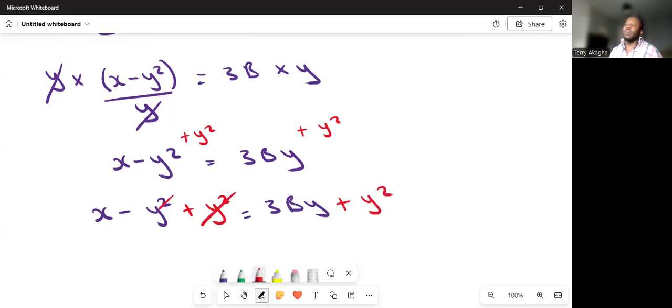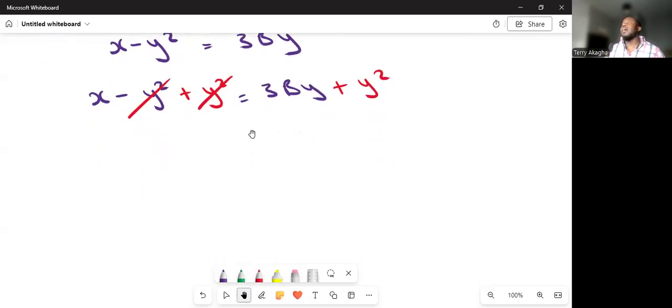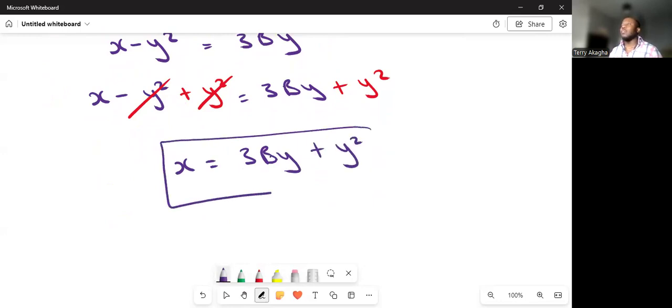So y squared is going to cancel minus y squared, all right? Then x will now be equal to 3by plus y squared, and that will be the answer for that.